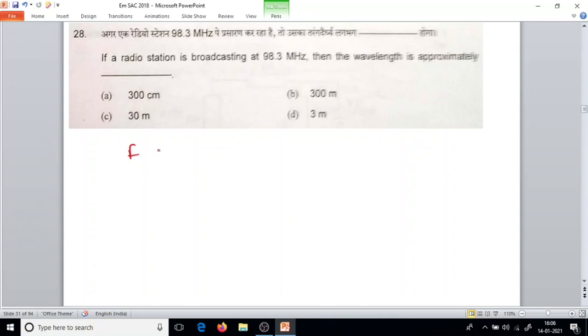So frequency is given as 98.3 megahertz. Now all of us know the FM range. What is the FM range? That is from 88 megahertz to 108 megahertz.